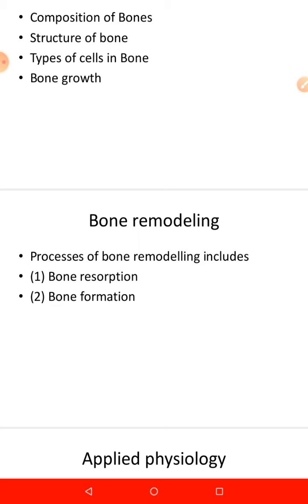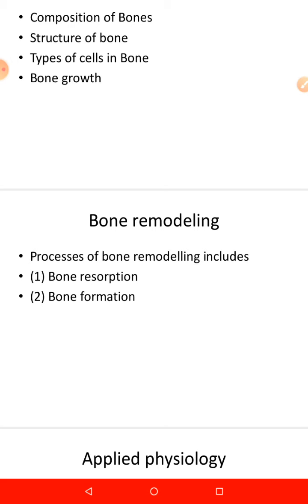So it's just important to know that remodeling occurs throughout life. So there should be a balance between bone resorption and bone formation. But in people who do a lot of exercise, like athletes and soldiers, whose bones are usually stressed, the bones become heavy and strong.